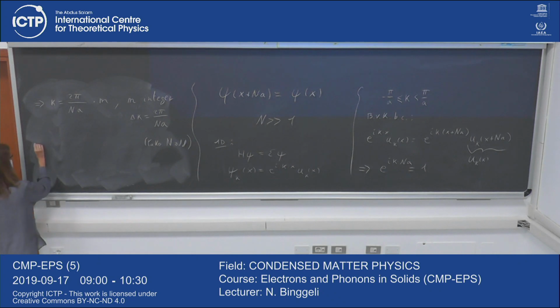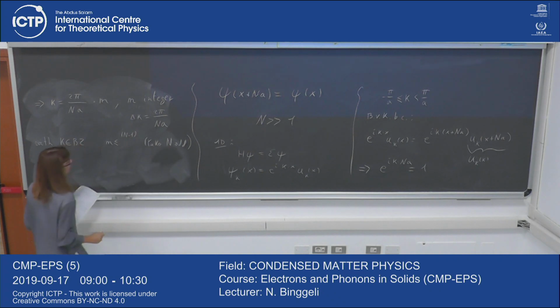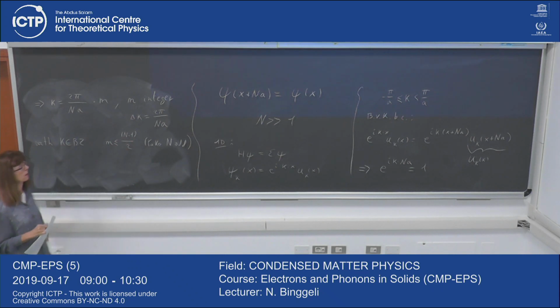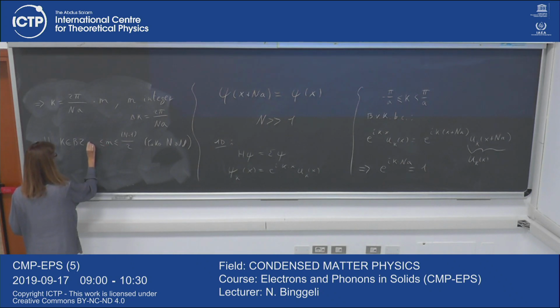In that case, if I want to have my k inside the Brillouin zone, I will have m that has to be smaller or equal to (n−1)/2, because here I took n odd, so in order to have an integer, I have to take n−1, and here I have −(n−1)/2.